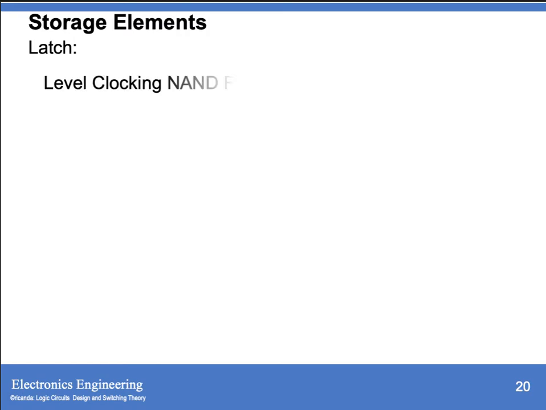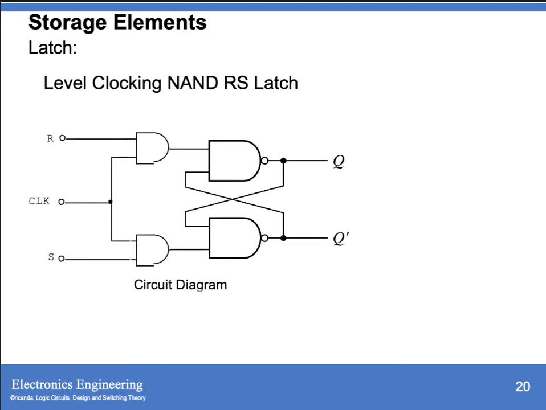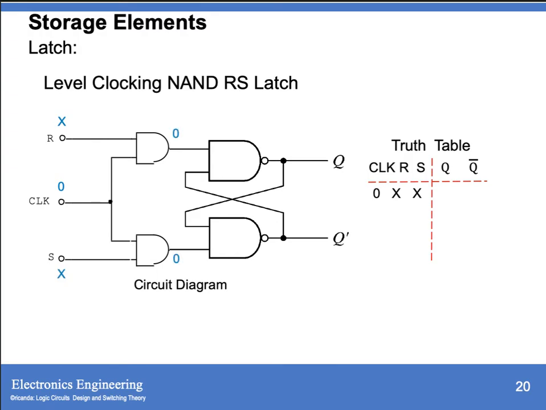For level clocking NAND RS, the third input is your clock and it is connected to an AND gate. So we have this truth table: clock, RS, then your outputs Q and Q bar. So if your clock is 0 and your R and S is either 0 or 1, we call that X. So the output of your AND gate is 0.